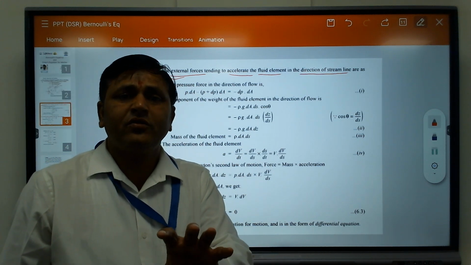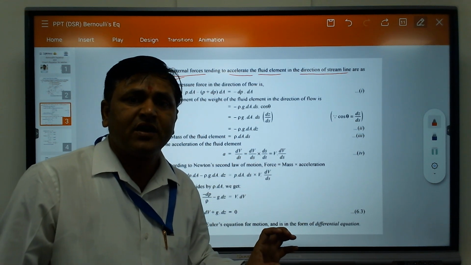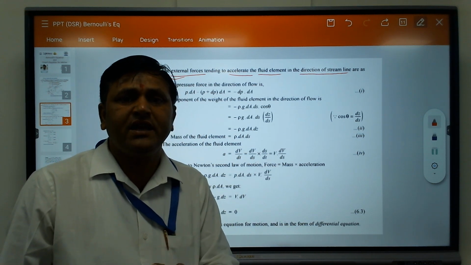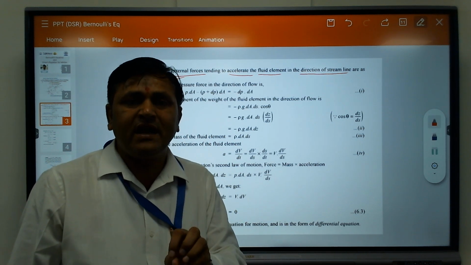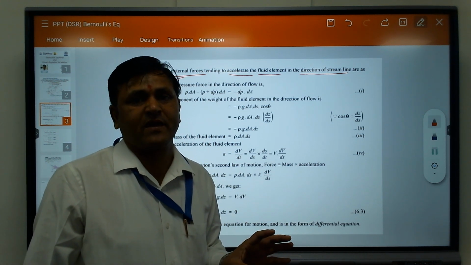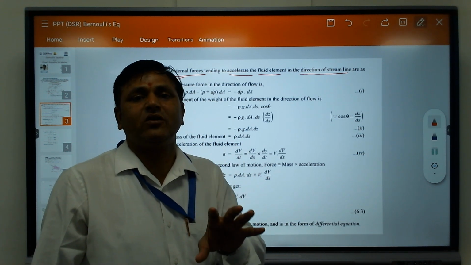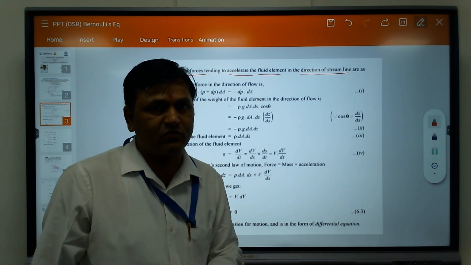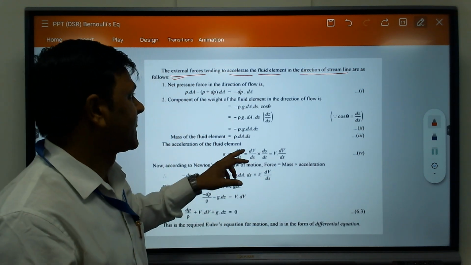We have to determine all the forces, masses and accelerations, and apply Newton's second law of motion: force is equal to mass into acceleration.